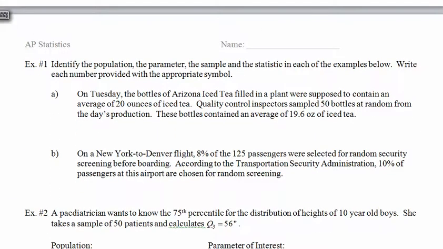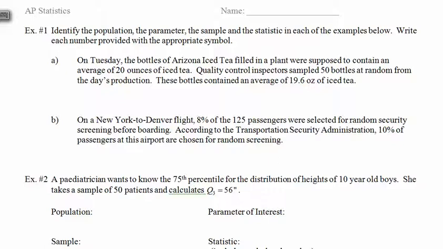And so you are going to be using your pause button quite a bit, because what I would like you to do is to try to identify for each of these examples the population, the sample, the parameter, and the statistic that are involved in each of the examples.